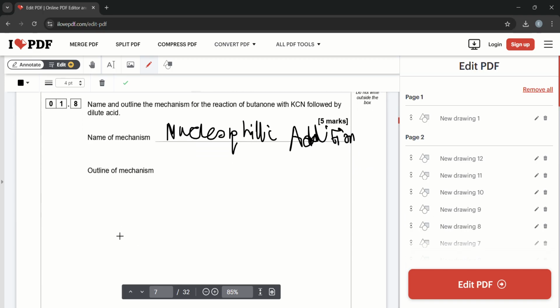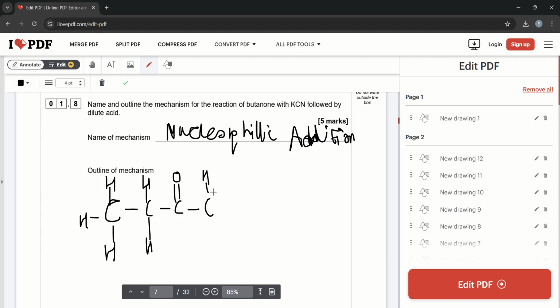Well, we've got butanone, draw that out: methane, ethane, propane, butane. CH3, CH2, and we've got the carbonyl group here, C double bond O, CH3.